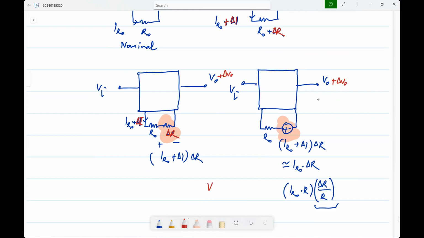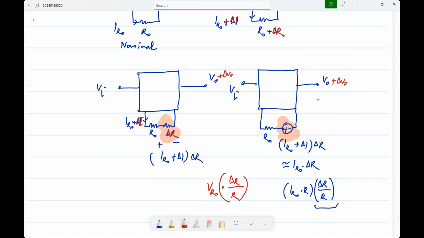The voltage across the resistor in the nominal state times the relative error.